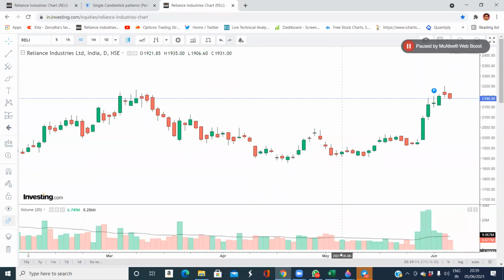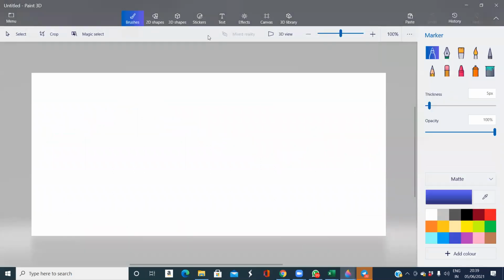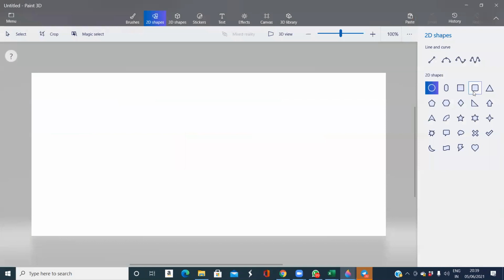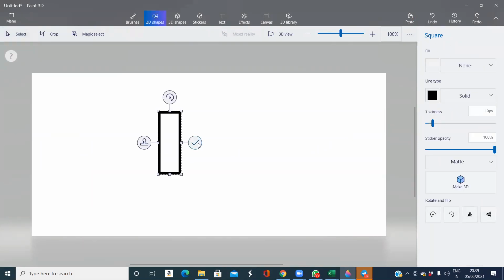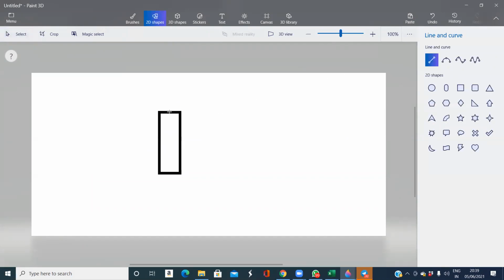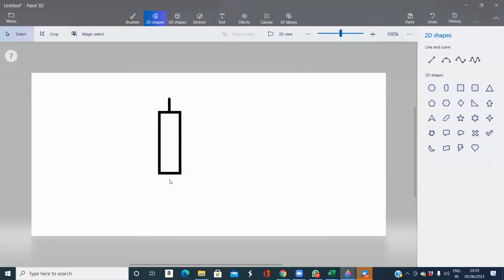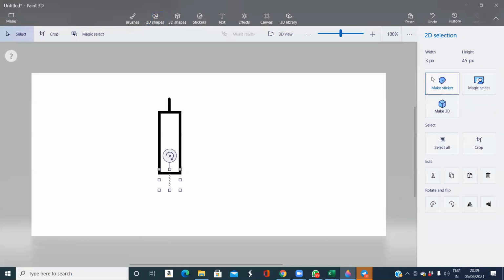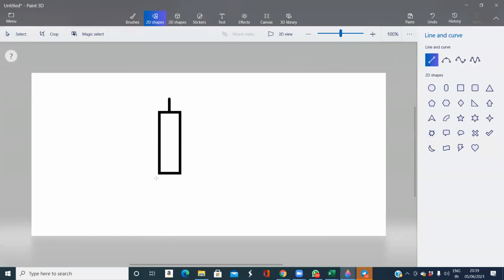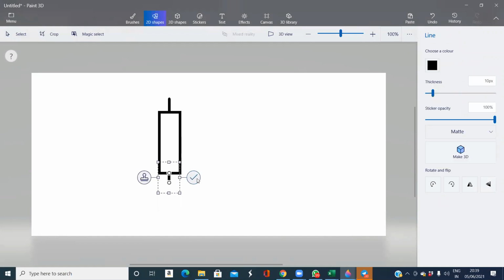ठीक है, तो उसमें क्या होता है कि कोई भी कैंडल को consider this as one of the candles.